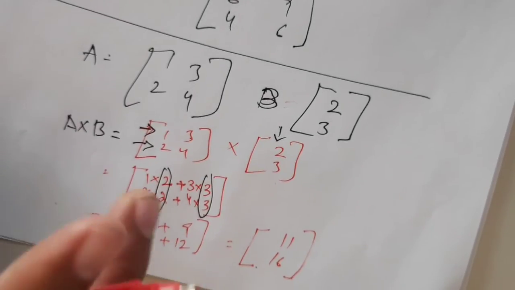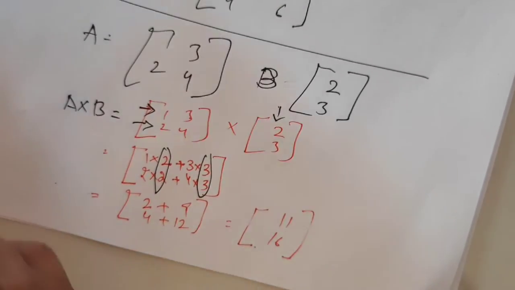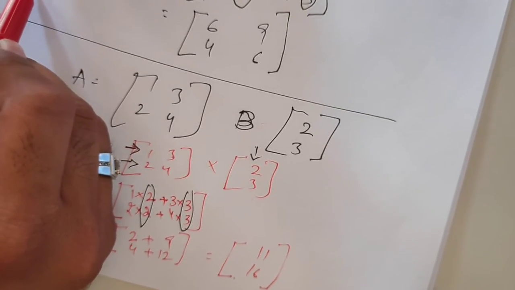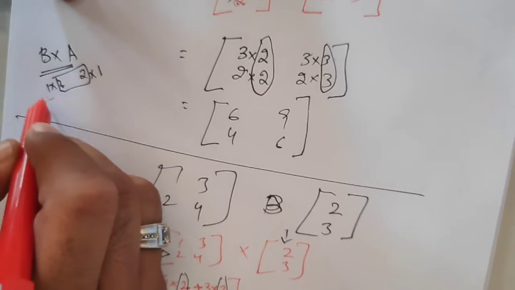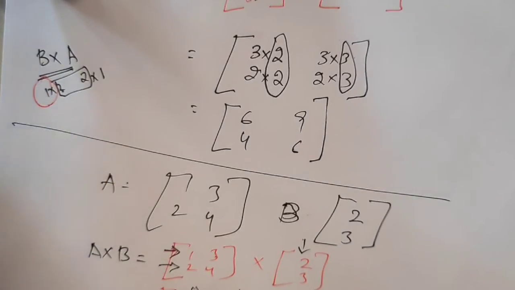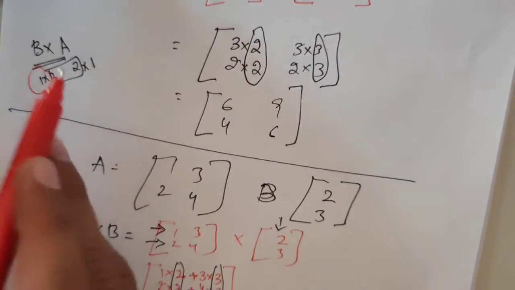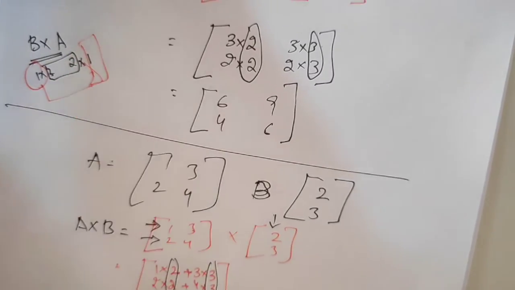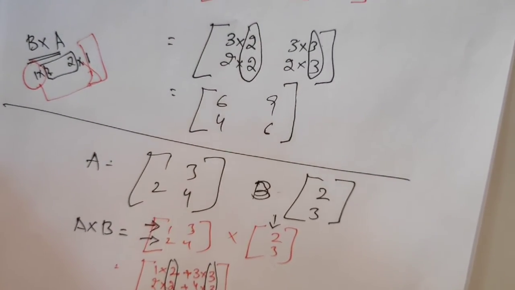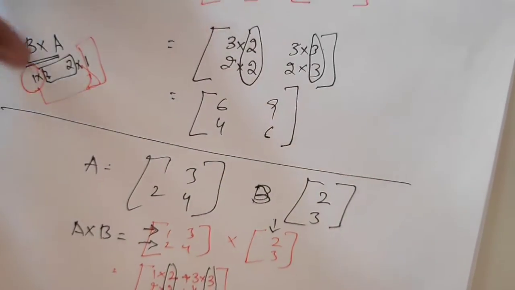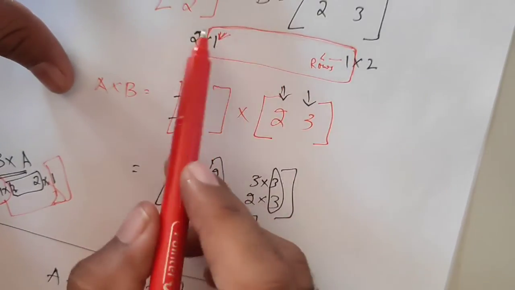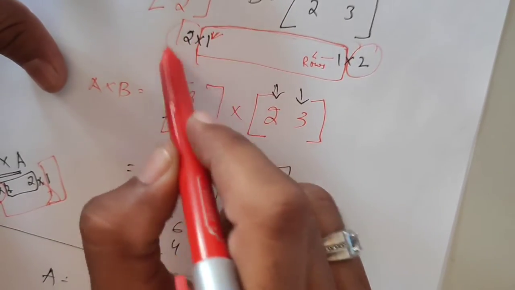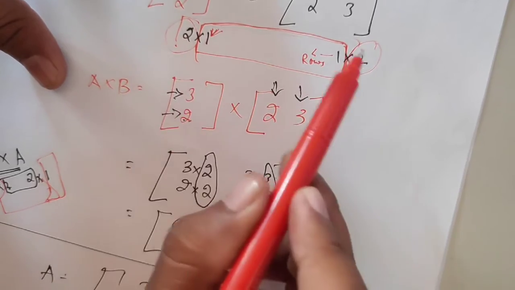So how can you decide what the order of the answer will be? The outer extreme orders decide the order of your multiplication answer. If we check here, this is 2 and here is 2, means your answer will have 2 rows and 2 columns.